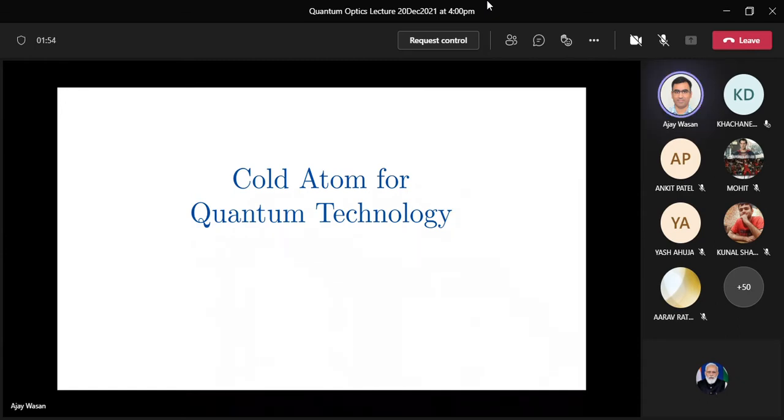I'm giving a little talk on cold atoms for quantum technologies. Nowadays, quantum technology is a big field all around the globe, not only abroad. Now, the Indian government has also started an initiative to use quantum technology, and there are many ways of doing this.